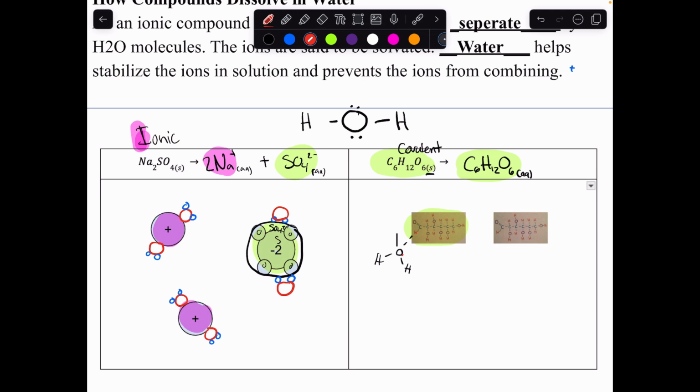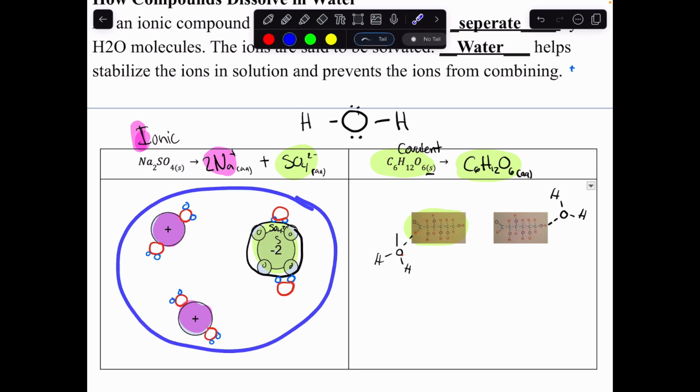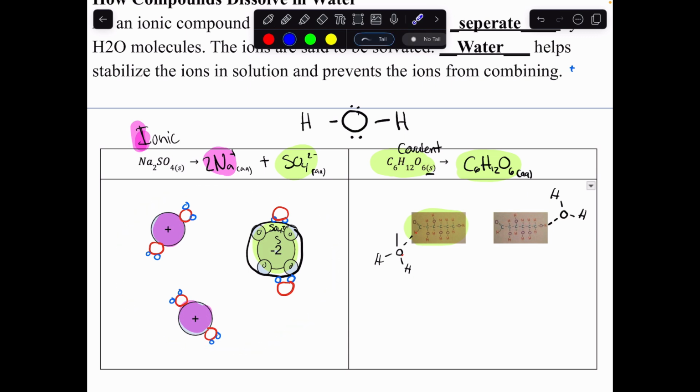I'll show one on this molecule right on this side. You could have a hydrogen bond there. This interaction, by the way, with our salt is actually considered a fourth type of intermolecular force known as an ion dipole force, because the dipole is the water and the ion is the salt.